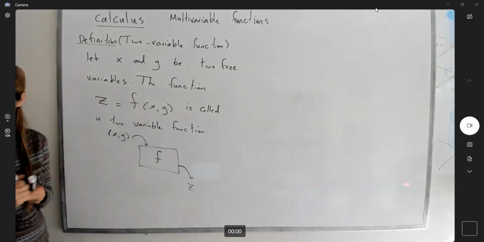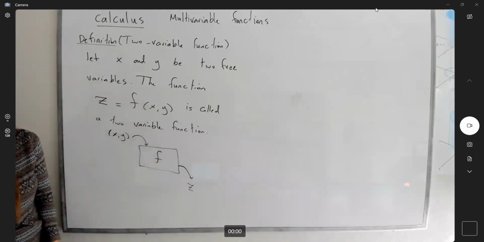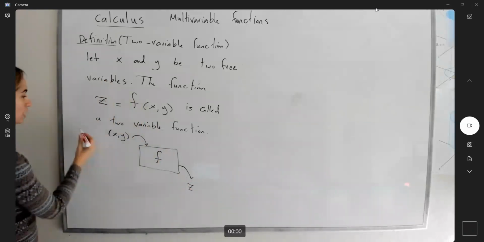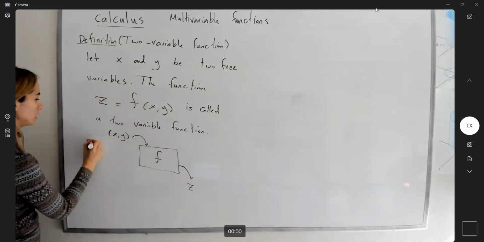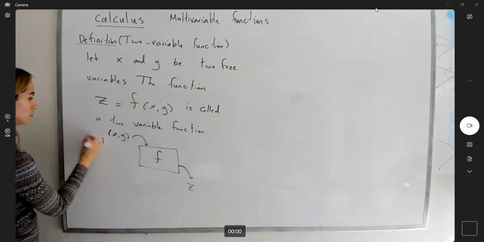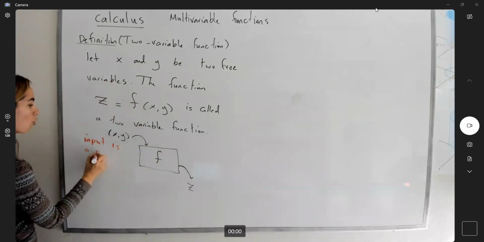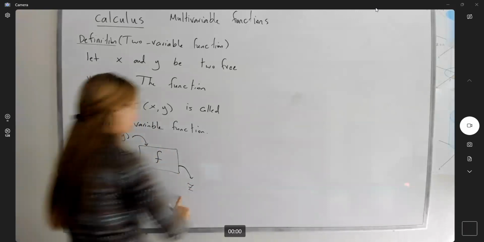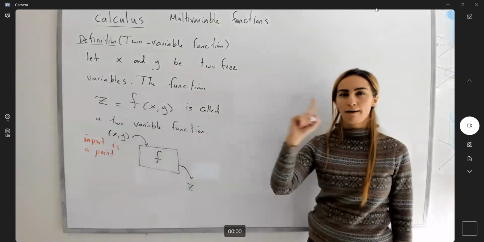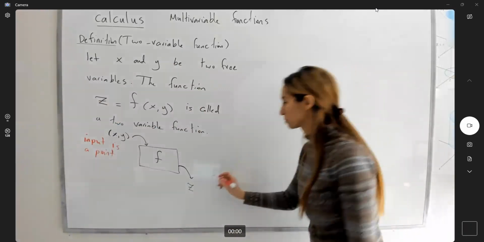So the input value is a point, and the output is one number.